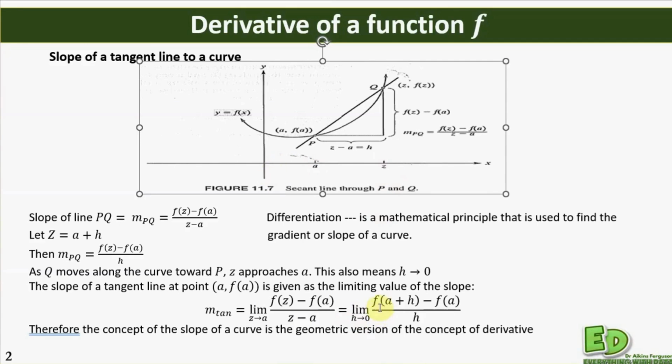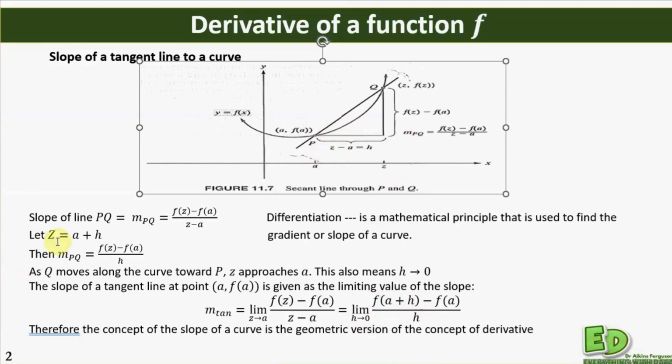Okay. So f of a plus h comes from this term we have here. From z to a is equal to our h, so z minus a is equal to h. We can just do a change of subject here and make z the subject.